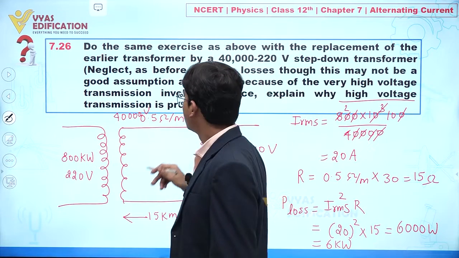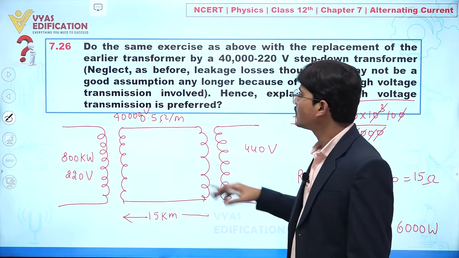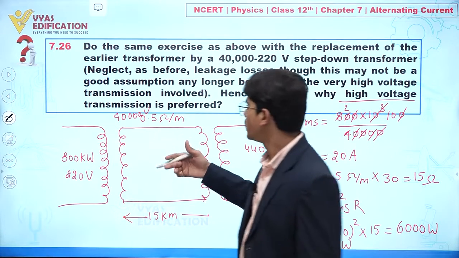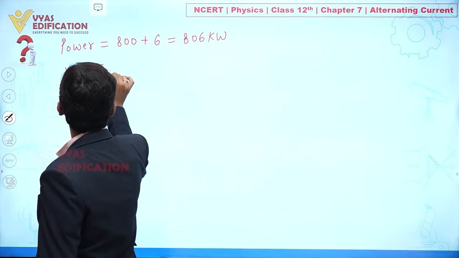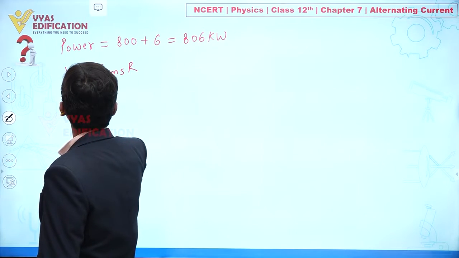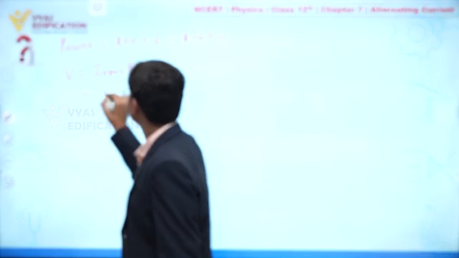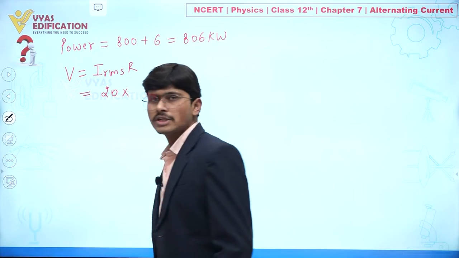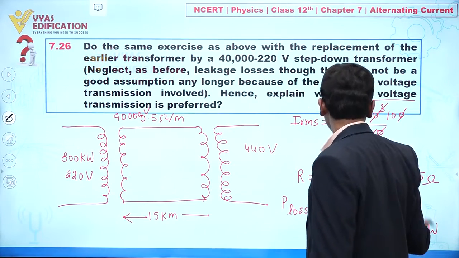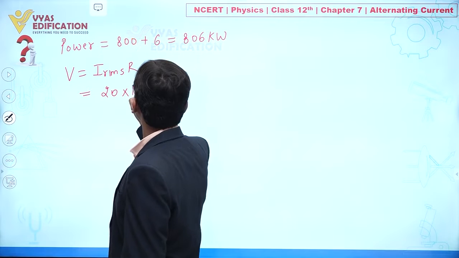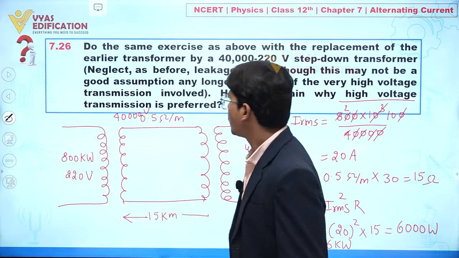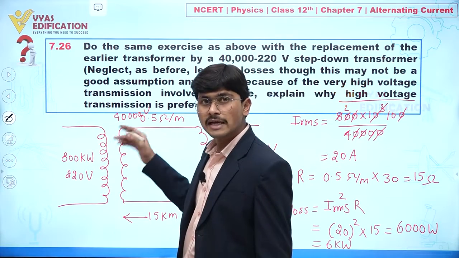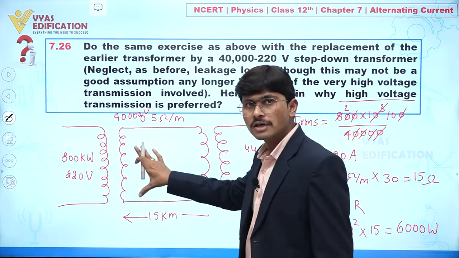How can we calculate the total potential drop? Yes, the potential drop is given by I_RMS multiplied with R. I_RMS is 20 ampere and the resistance is 15 ohm, so we get 300 volt. Now we have 40,000 volt at this coil, at this end.